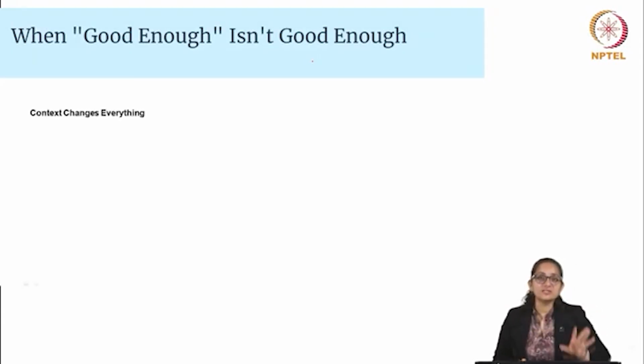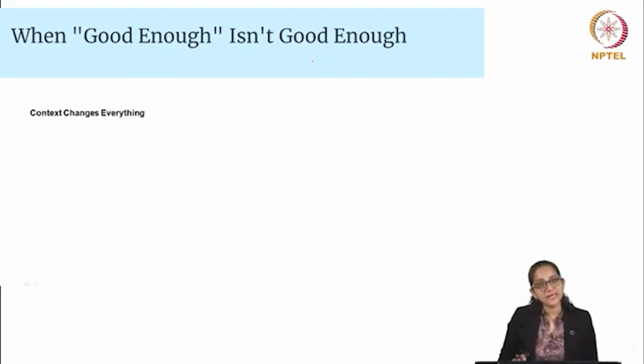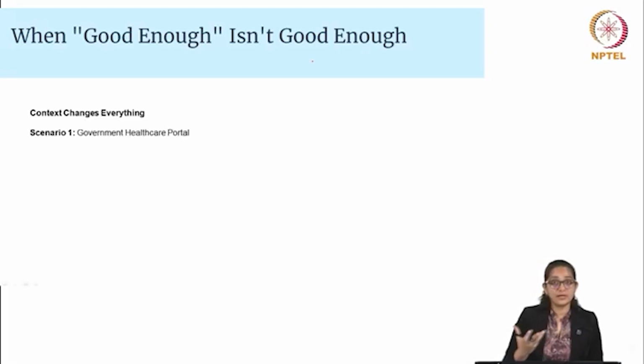So one of the major aspects is that context changes everything. What the meaning of good enough is will largely depend on which context the product is serving. So let us take a few examples and maybe you can try to guess. For example, for this scenario, a government healthcare portal.